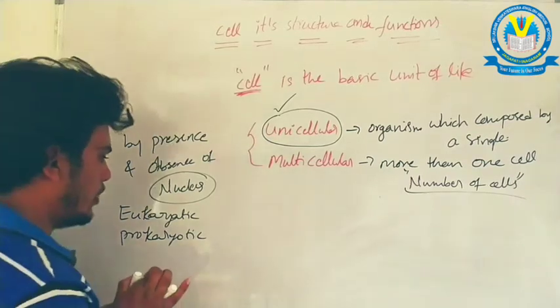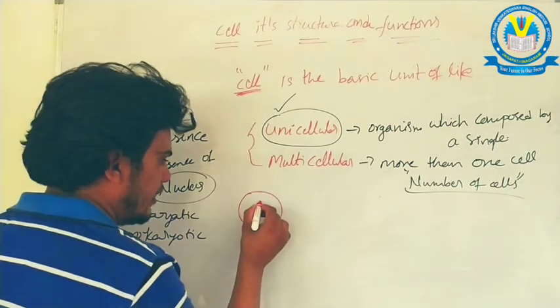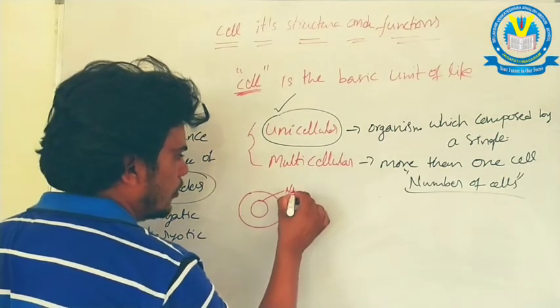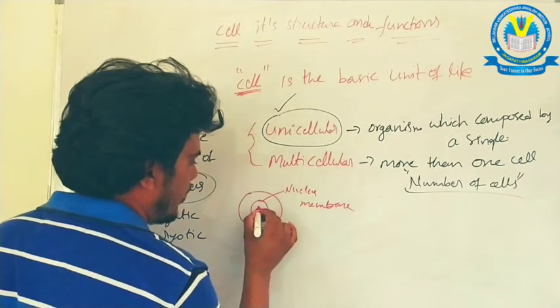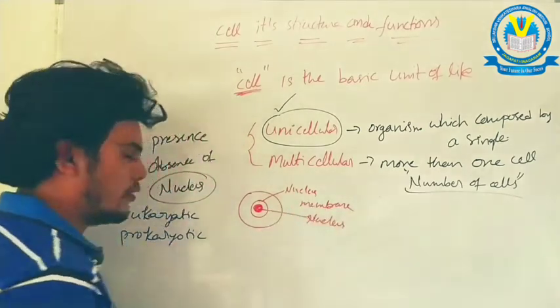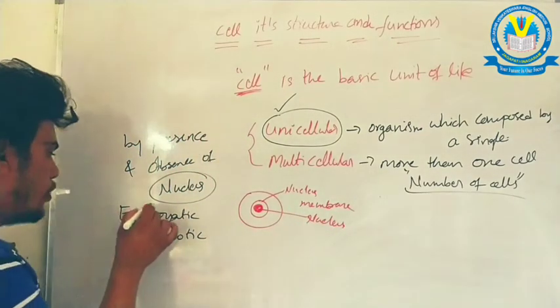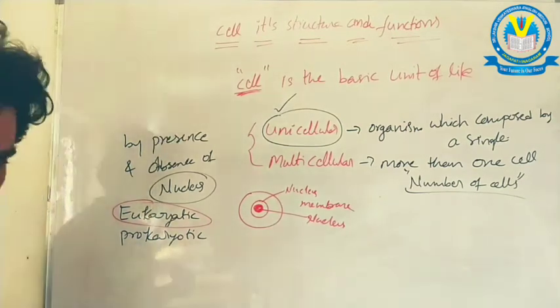Eukaryotic means if there is a cell, in the cell there is a clear nucleus membrane around the nucleus, so those cells are called eukaryotic cells, and those organisms are called eukaryotic organisms.